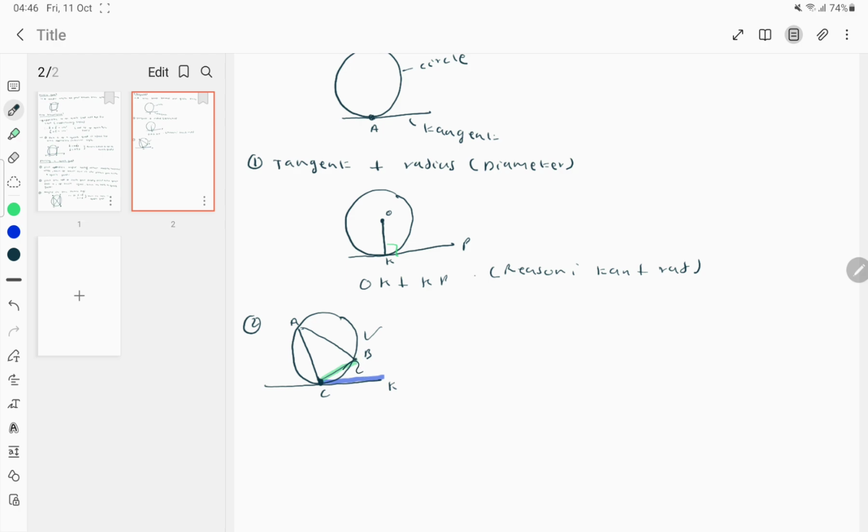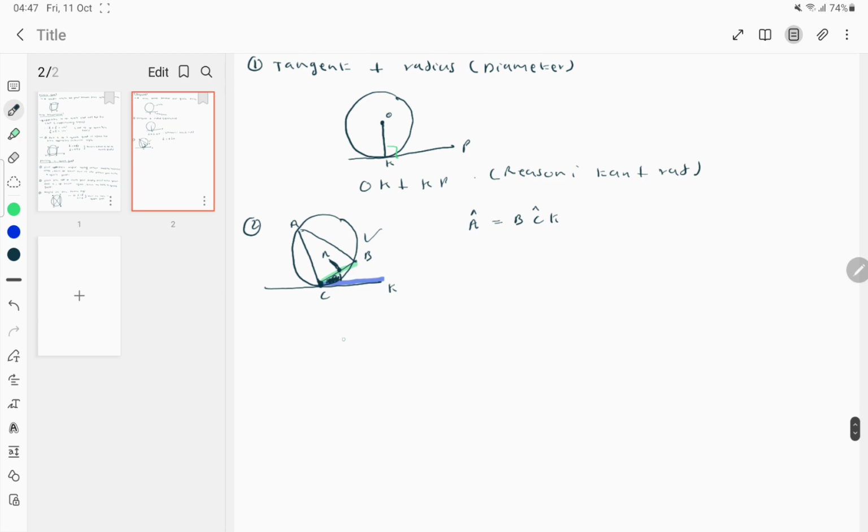The angle between a tangent and a chord, which would be this one that I'm shading in black, is equal to the angle that is opposite that chord. So here's my tangent and the chord, and if I'm here, which angle will be opposite my chord? The angle A. So angle A is equal to angle BCK.